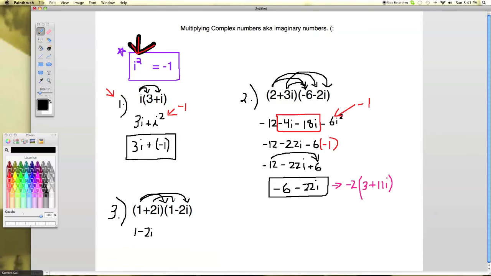Then positive 2i times positive 1, which is going to be positive 2i. And then positive 2i times negative 2i, which is going to be negative 4i squared.